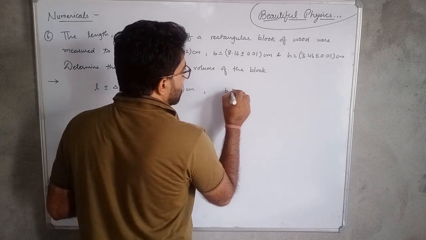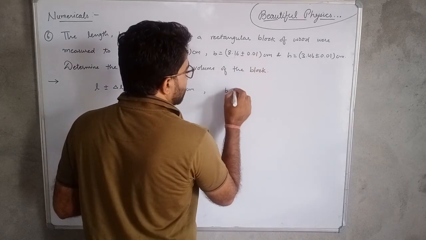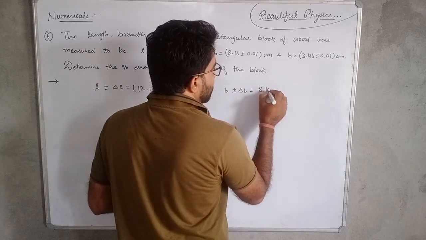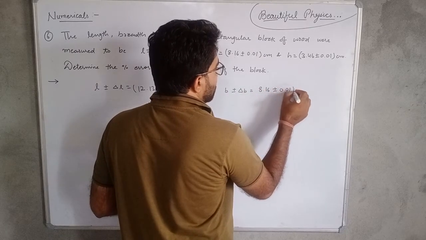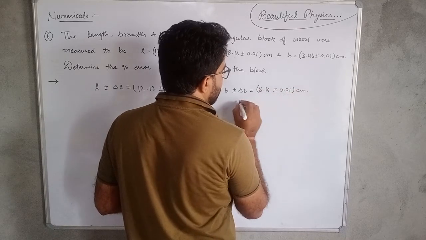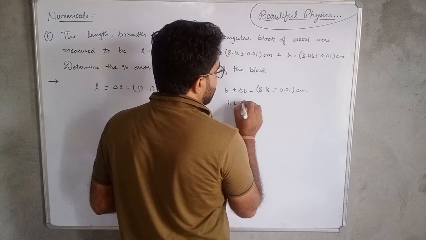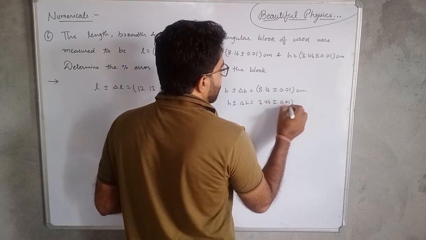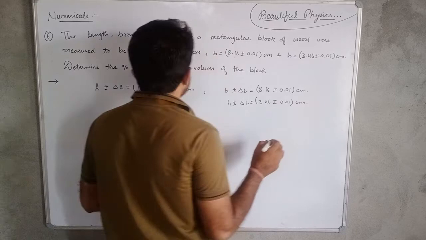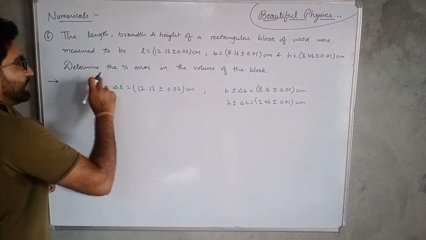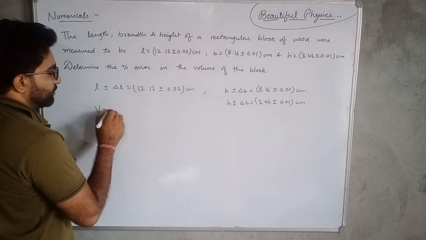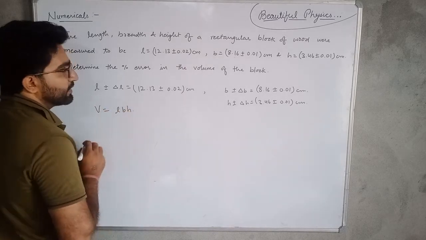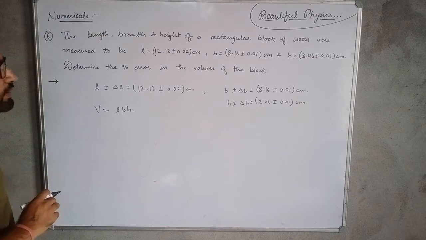Similarly breadth के लिए b प्लस माइनस डेल्टा b किसके इक्वल है हमारे पास 8.16 प्लस माइनस 0.01 सेंटीमीटर, and in a similar manner h plus minus delta h is equal to 3.46 plus minus 0.01 centimeter, and we have to find out the percentage error in the measurement of volume, and the volume V will be equal to LBH, and here we have to find the percentage error.